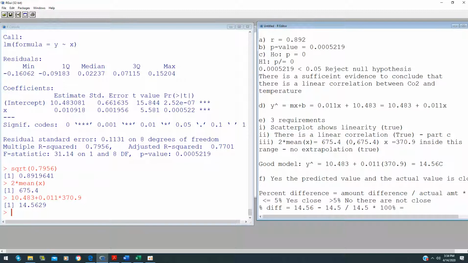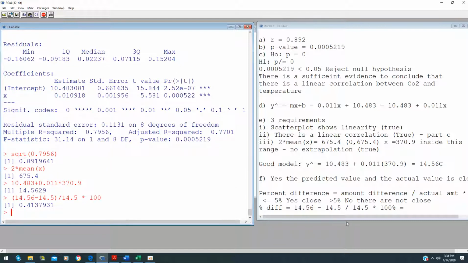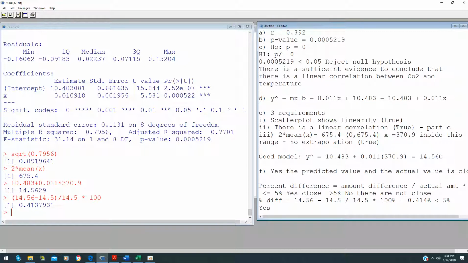So if you use your calculator here, you take 14.56 minus 14.5, put parentheses around it, make sure you have that. And then you divide this by 14.5, and then you multiply this by 100%. This came out to be 0.414%, which in this case is less than 5%. So that's why your answer in this case is yes, they are close.